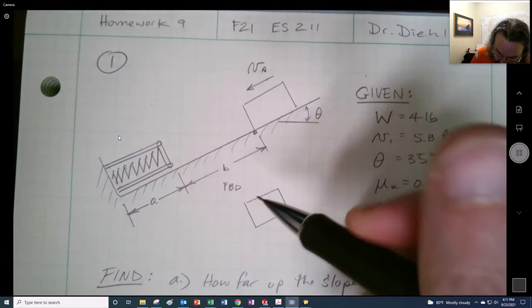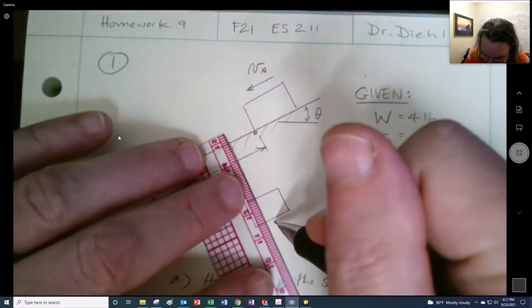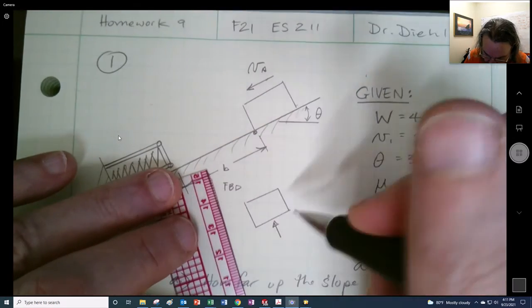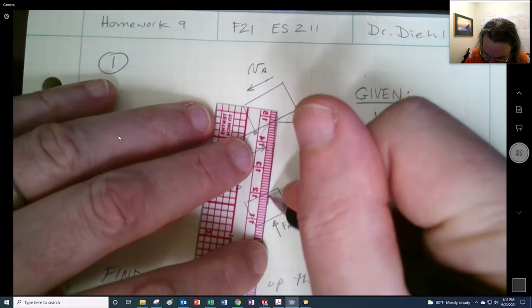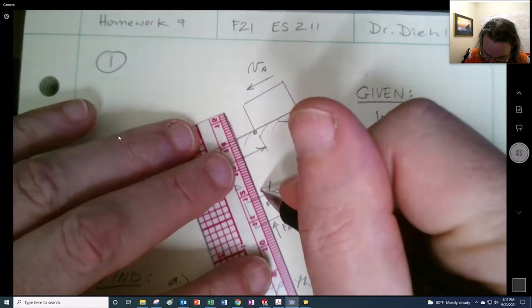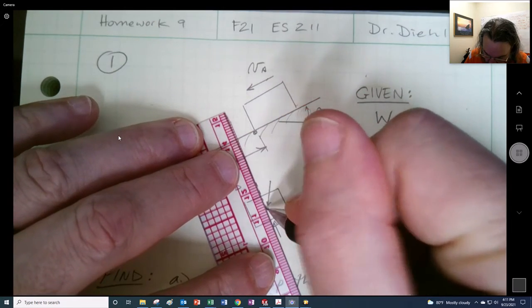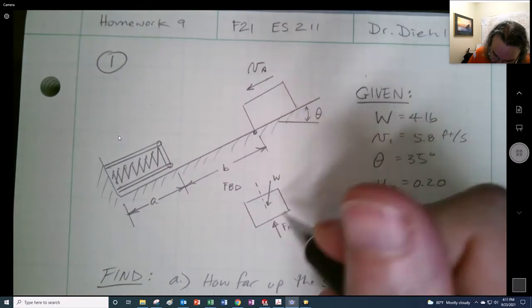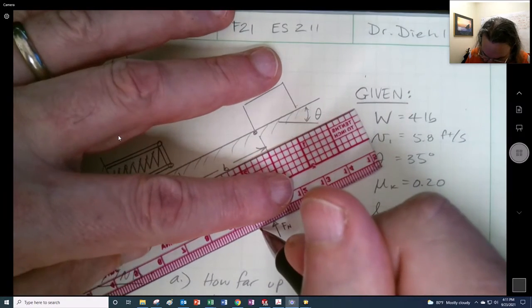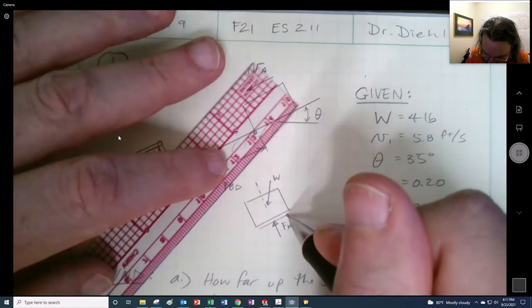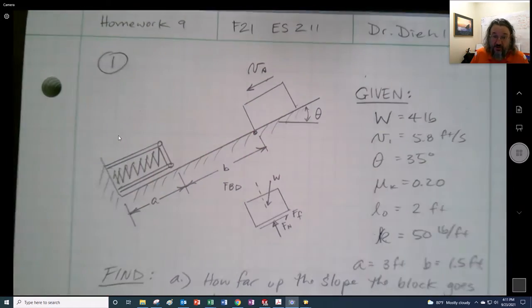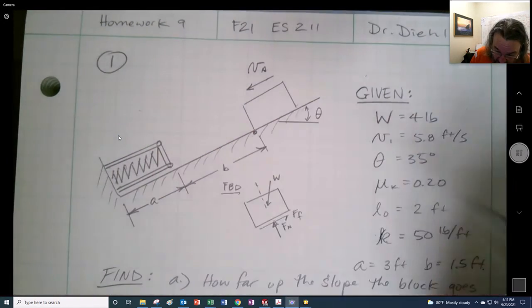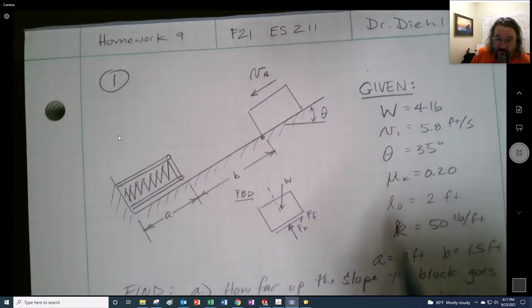FBD, and here's the normal force, Fn, and here is the weight. And now the friction force is coming this way. At least on the way down it's going that way. On the way back up it's going to go the other direction. And here's your FBD right in there.